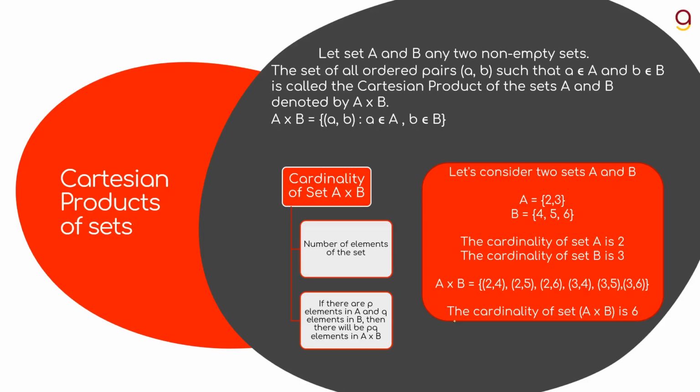According to the property, the cardinality of A cross B is equal to the cardinality of set A multiplied by the cardinality of set B. Here, the cardinality of set A is 2 and B is 3, so the answer will be the product of 2 and 3, which is 6. Thus, generalized, if there are p elements in A and q elements in B, then there will be pq elements in A cross B.